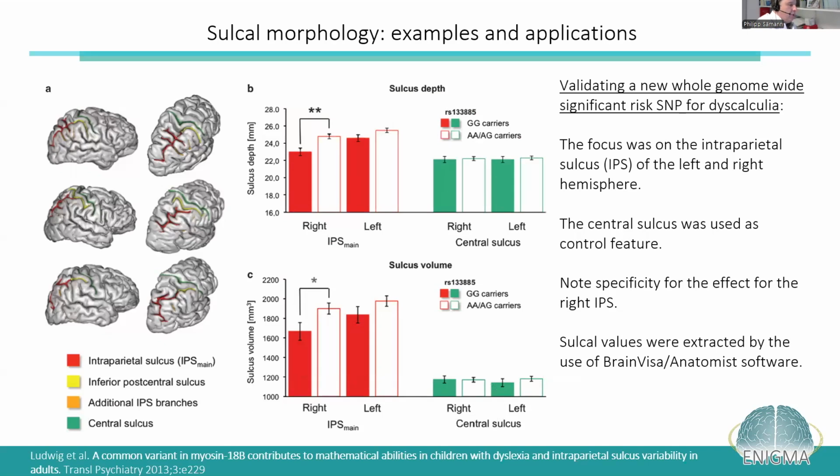This is an example of a study we did in our lab a while ago. The question here was, is there a genetic difference for a specific genetic variant that encodes for worse or better computational abilities?